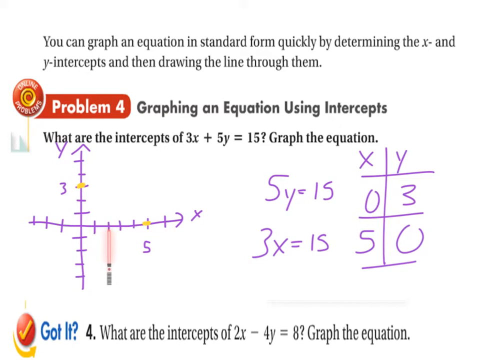If there's nothing marked here, then it's assumed you're going by 1. If you want to change the scale to anything else, you need to show what that scale is going to be. Besides that, you just want to fairly accurately plot your points, and then do your best to draw a decently straight line through there. And it's a line, so it does have arrows on both ends, so don't forget that either.